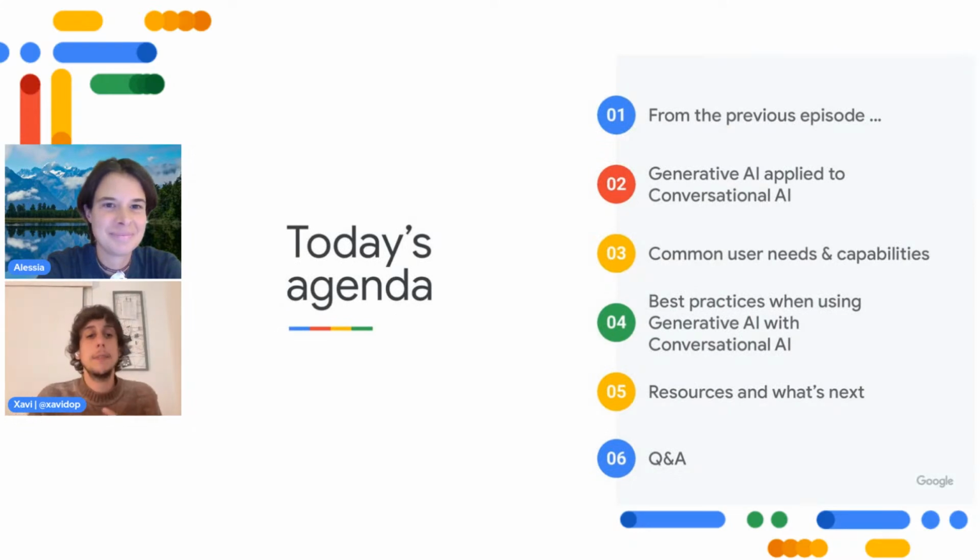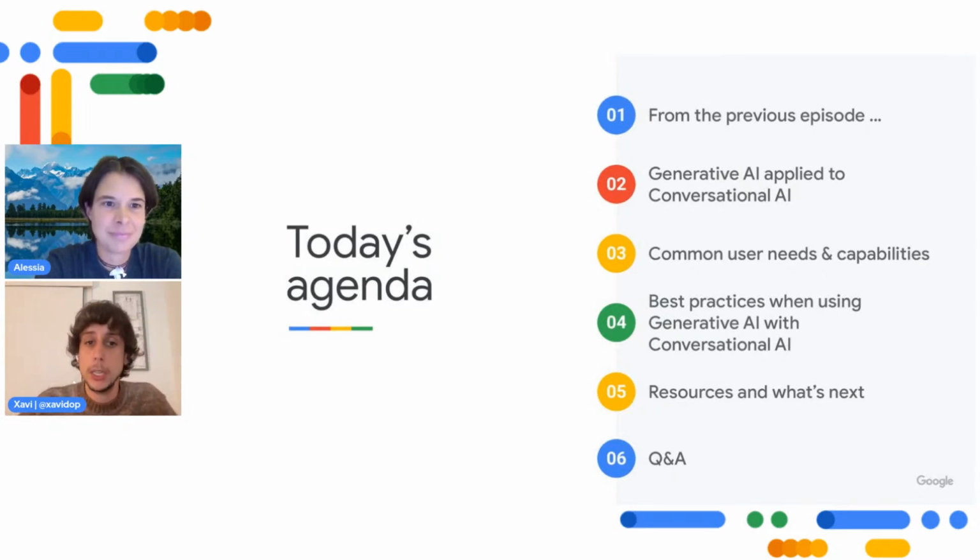So the agenda for today, we are going to cover several topics. We are going to have a live demo as well. We are going to start by talking about what we talked about in the previous episode. Remember that in July, we had another live, in that case with Chris and me. Then we are going to talk about generative AI applied to conversational AI.